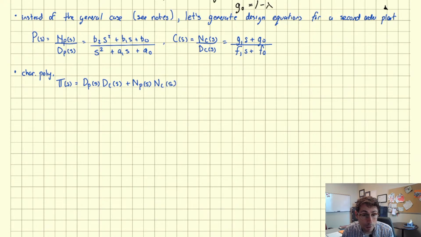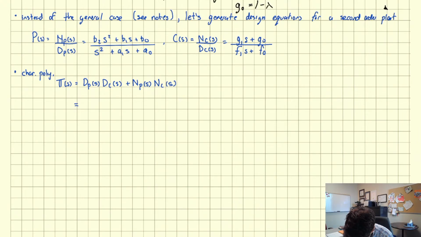Again, why do I care about that polynomial? That's the polynomial which, first of all, determines stability of the closed loop system, and the roots of that polynomial show up as poles in the various transfer functions associated with the loop. Okay, so doing some uninteresting algebra, just multiplying out all those polynomials and then collecting terms, you get this following complicated expression.